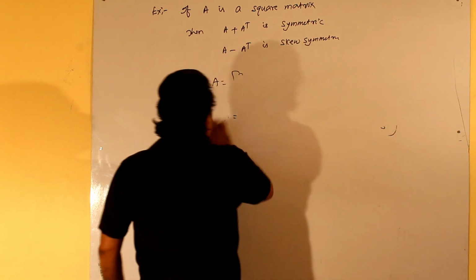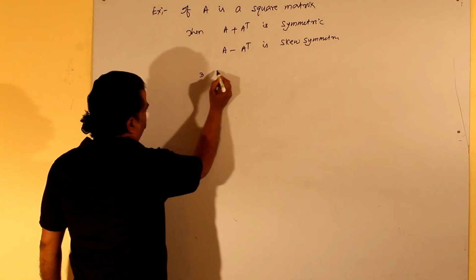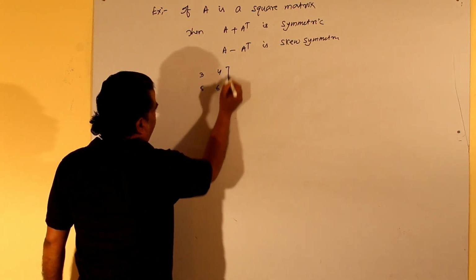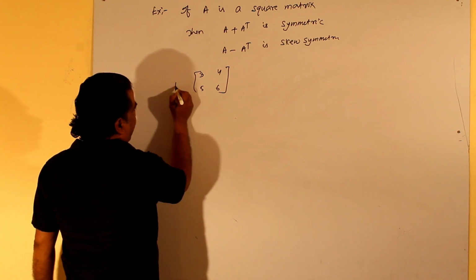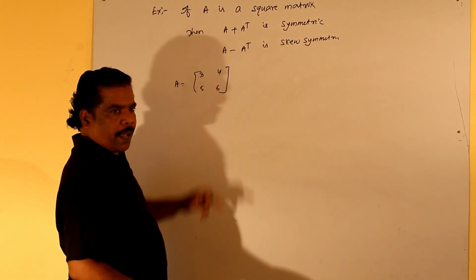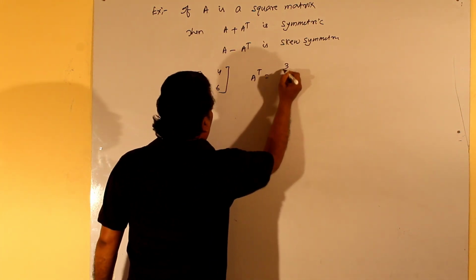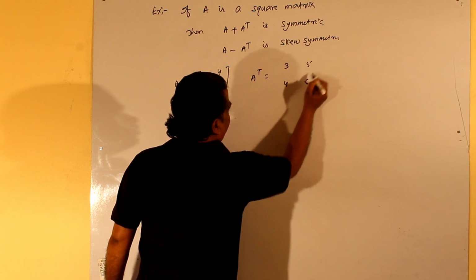Suppose we take a matrix A that is equal to 3, 4, 5, 6, and we find its transpose, which is equal to 3, 5, 4, 6.